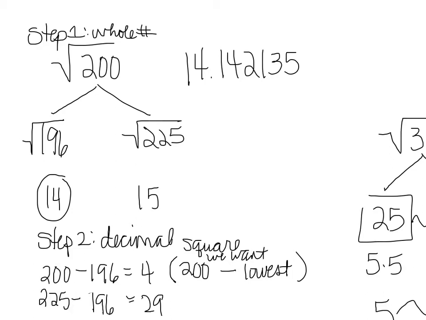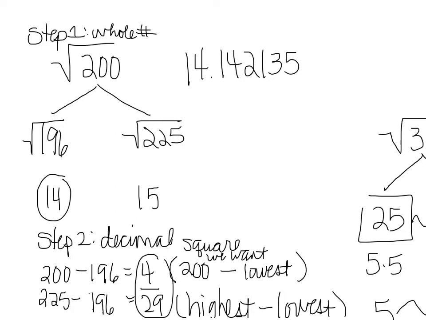Your second step is to take your highest estimate, 225, and subtract your lowest from your highest. So what did you get? 29. This becomes your fraction. Just stack it. What fraction is that? 4 29ths. We're going to put that fraction with my whole number. So the square root of 200 is going to be about 14 and 4 29ths.